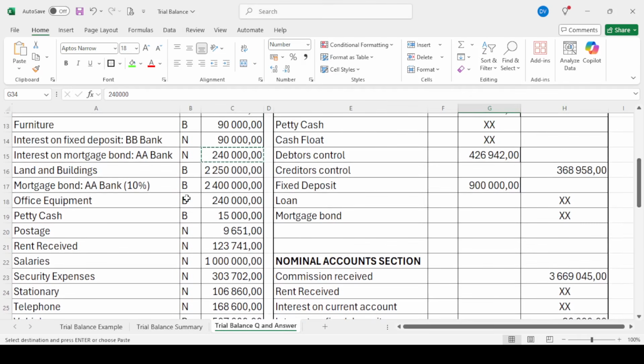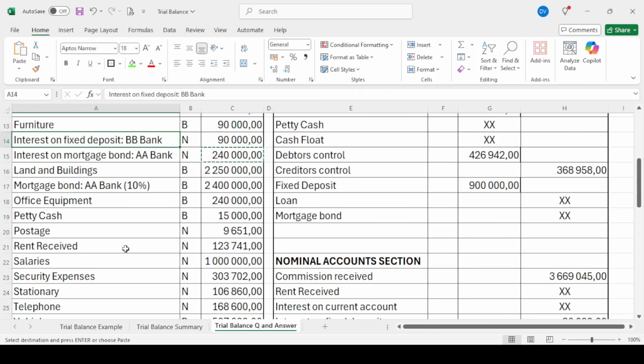Do you notice that interest can be positive or negative? It depends what the interest was for or on. So be very sure to pay attention to the whole sentence. Guys, sometimes you don't read the whole sentence. Read from the beginning until the end. Interest on a fixed deposit is positive. You're making money from this.